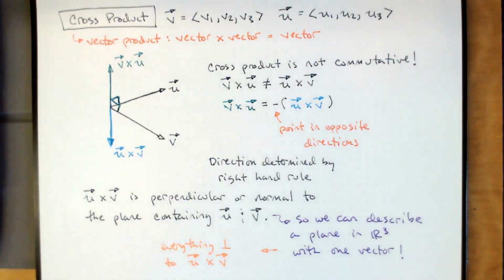If we're in R4, and we have 2 non-collinear vectors, that's defining a plane, but there's 2 more dimensions that are out there.